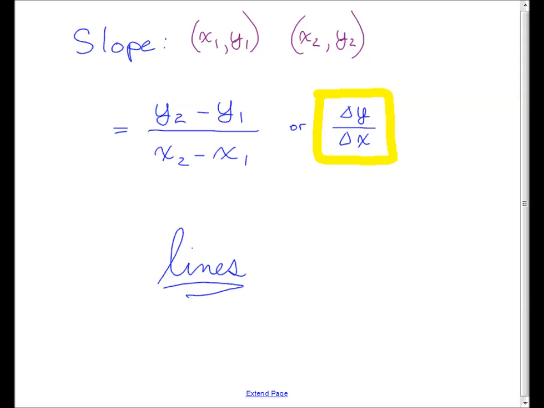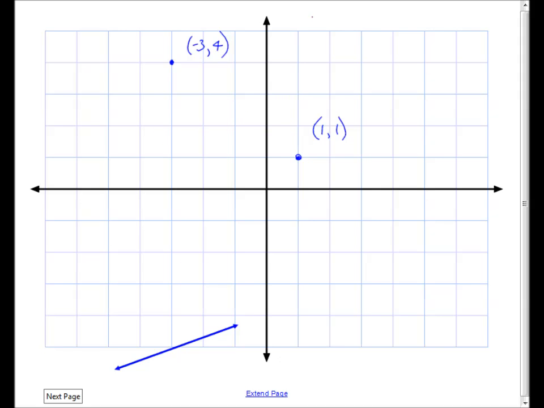Well, I've got a couple of points here on the grid labeled, and we can hopefully calculate the slope between these 2 points very quickly. If I take the point (-3, 4) as being point number 1, then y2 would have to be a 1 coming from point number 2, and x2 would be a 1.